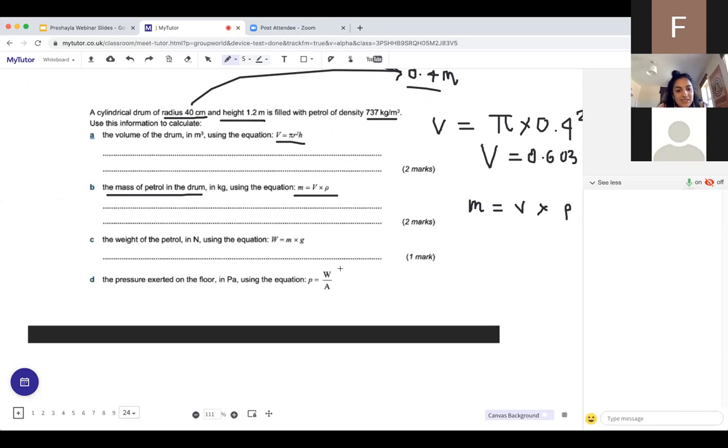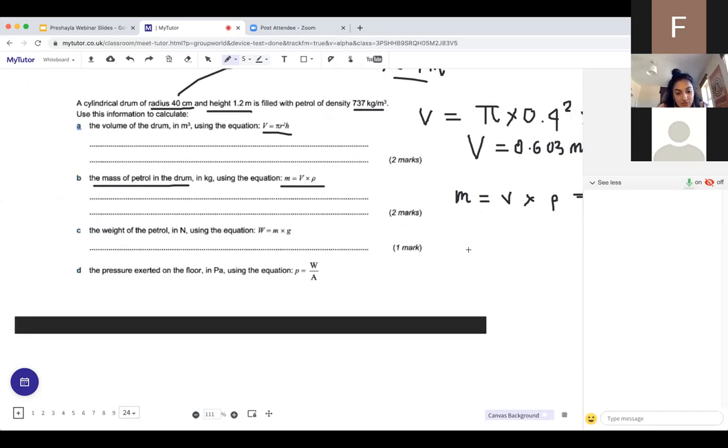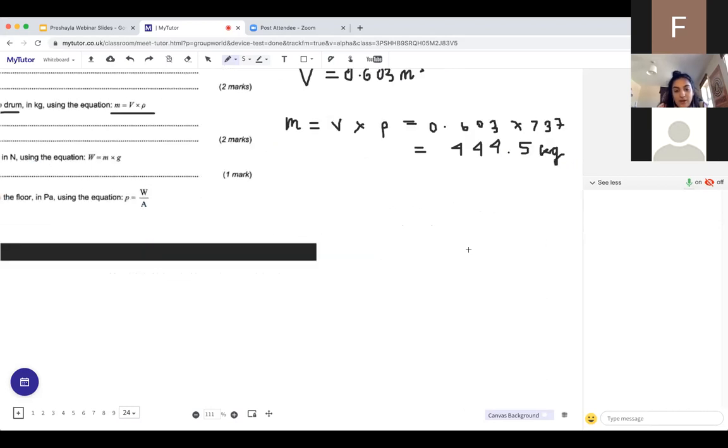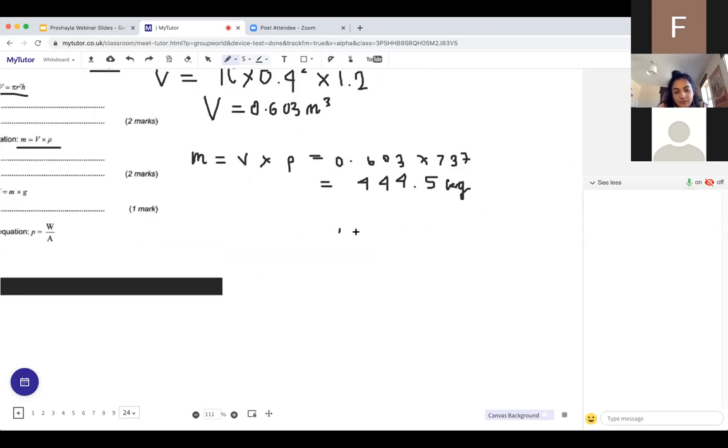So the weight is mass times gravity, or gravitational field strength. So weight equals mass, which is 444.5, times gravity, which is 9.8. So what would the weight of our petrol be?